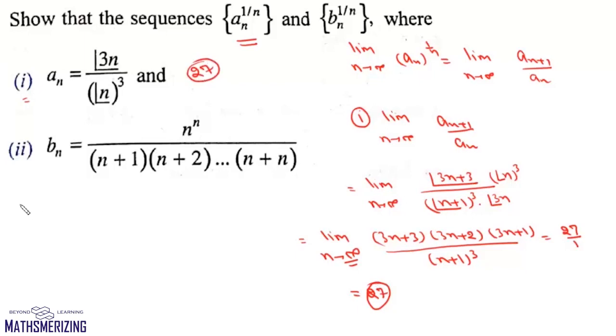Now again for the second one, we can write this as limit n tends to infinity of bn plus 1 upon bn.